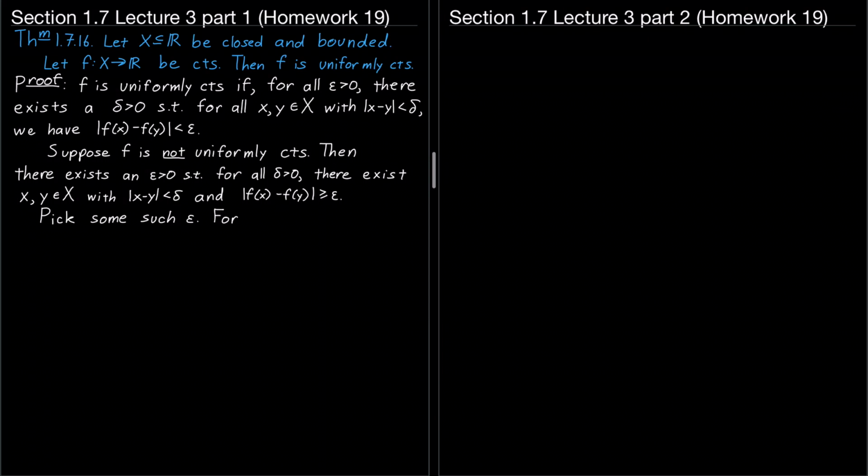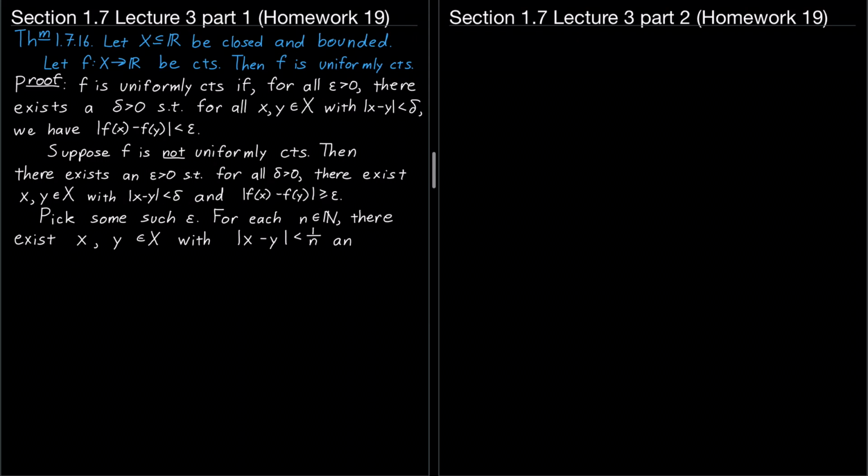Then for each natural number n, we have that there exist numbers x, y, both in X, that are |x minus y| less than, we're using 1 over n as delta.